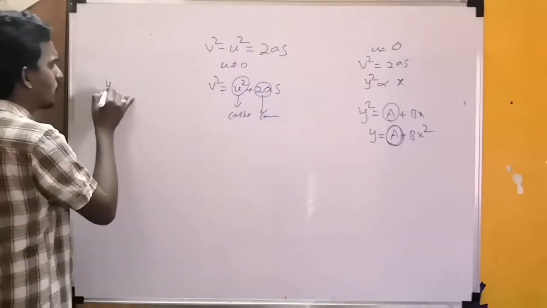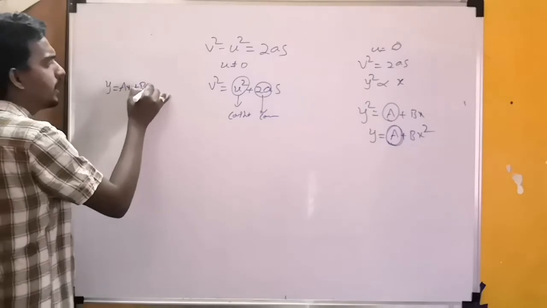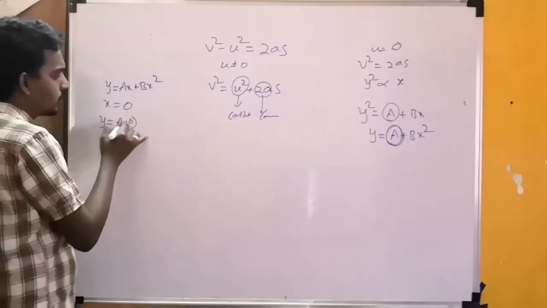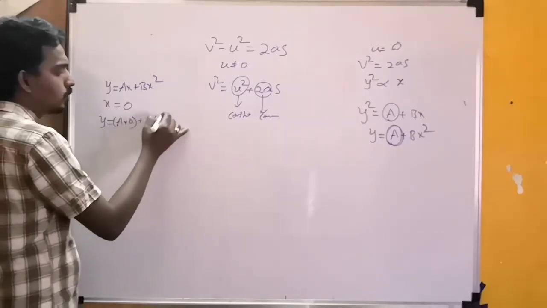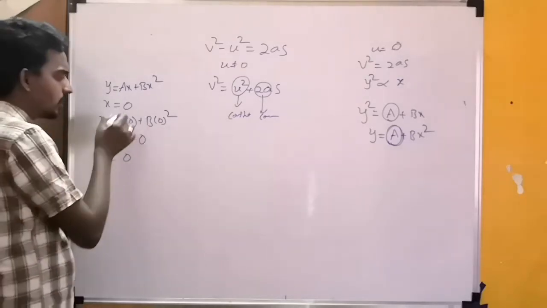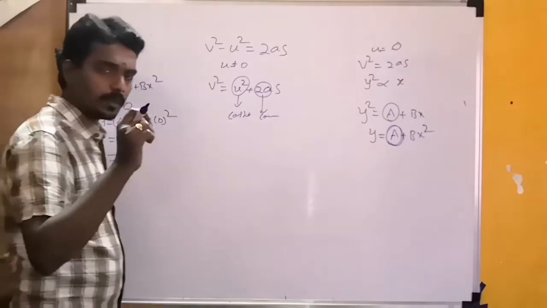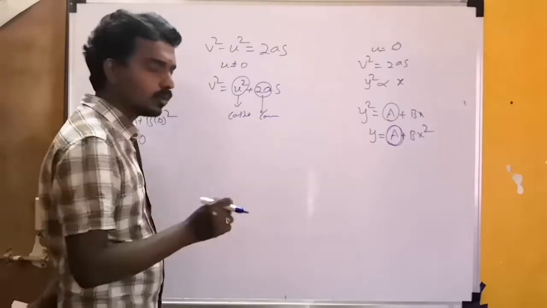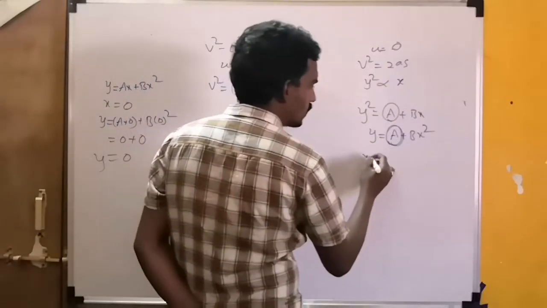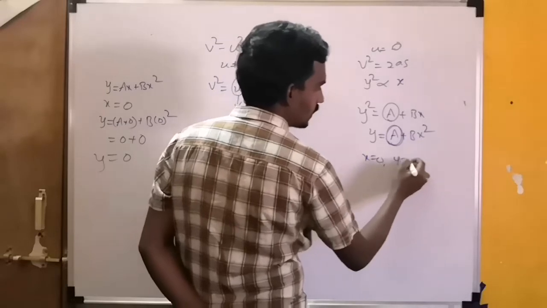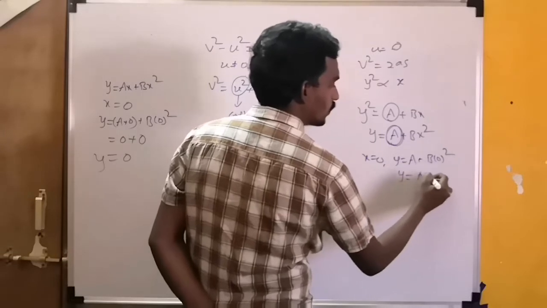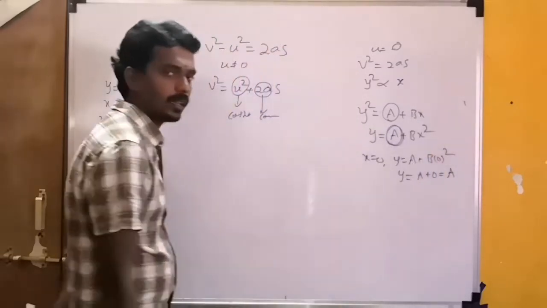If you take y equal to ax plus bx square, when x is 0, y is a into 0 plus b into 0, equal to 0 plus 0, equal to 0. x is 0, y is 0, so the parabola must pass through the origin, but here it is not. When x is 0, y is a plus b into 0 square, so y equal to a plus 0, y equal to a.